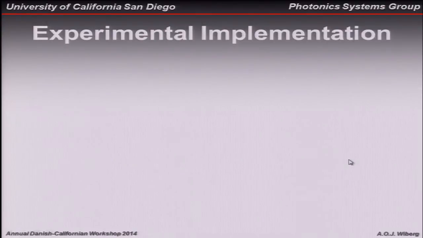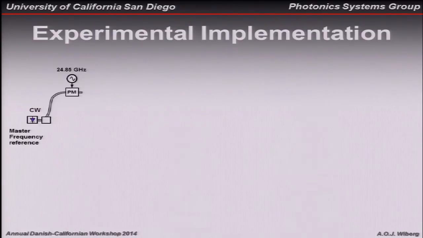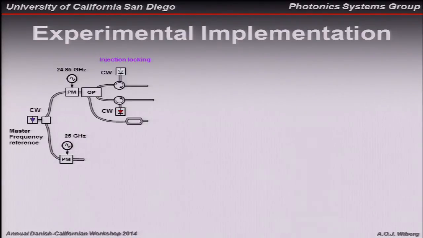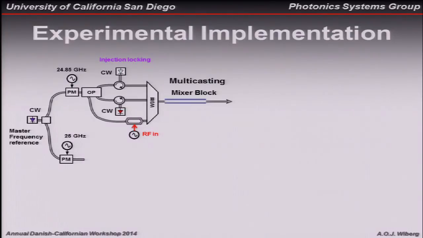So how can we then use these combs for frequency signal processing? We use this single master to injection lock the pumps in the multicaster as shown here, where we create all the copies.